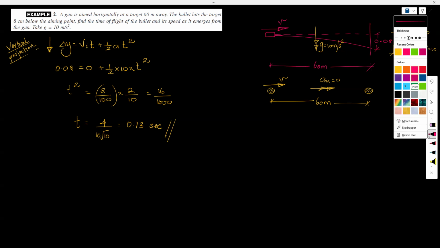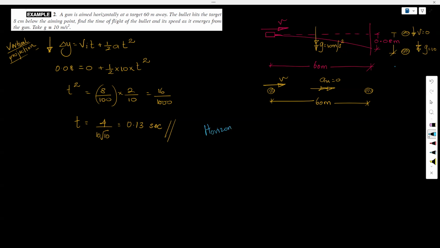Then we are supposed to find the initial velocity. So I'm going to use the horizontal projection for that, right? I'm going to use the same equation: delta x equals vit plus half at squared in the horizontal direction.